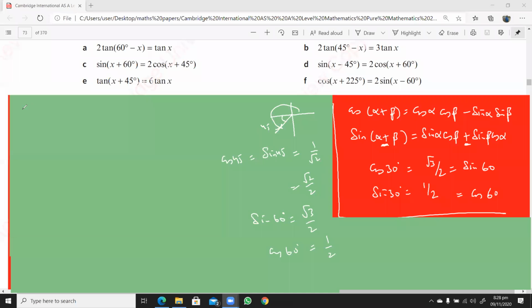Okay, for this F part, we have cos (x plus 225). So I'll be expanding it as cos x cos 225, then minus sine x sine 225. That is equal to 2 sine x cos 60, and then minus sine 60 cos x.